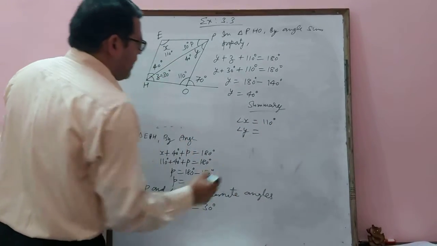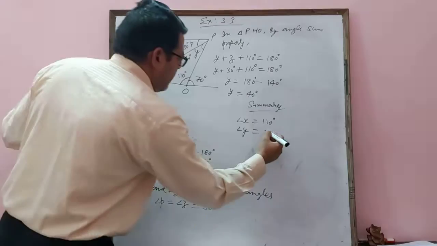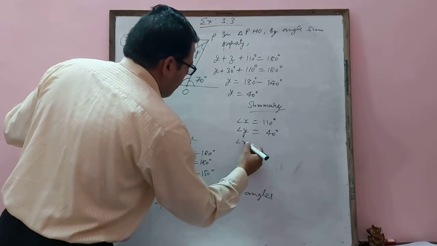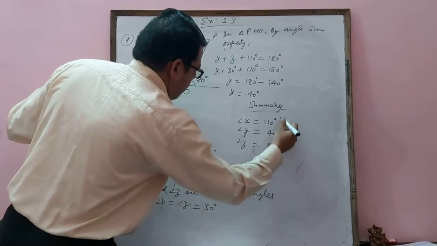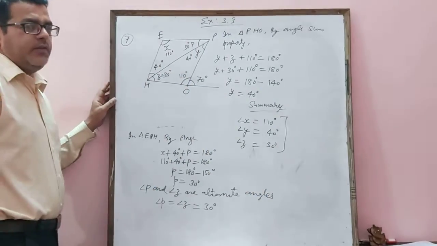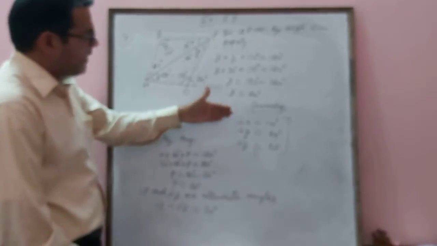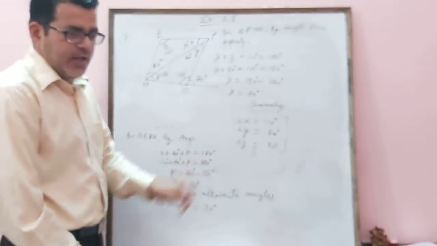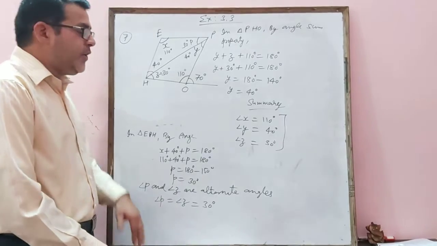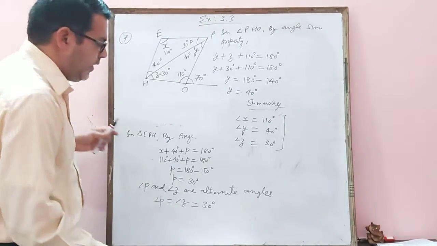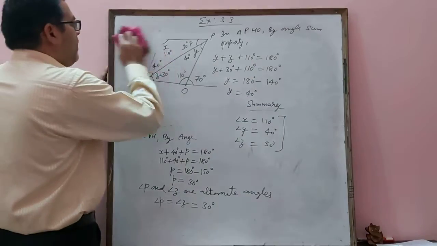Measure of angle Y, that is 40 degree, and measure of angle Z, that is 30 degree. So these are the values of X, Y and Z. Hope you understand. There are so many other methods also. You can use any of the methods to find values, right?